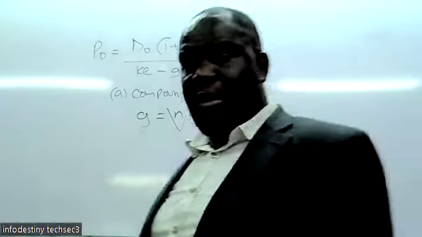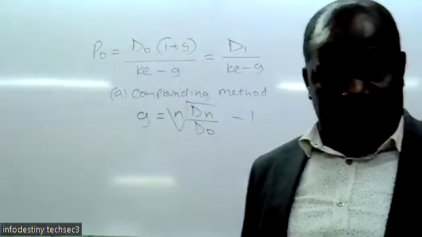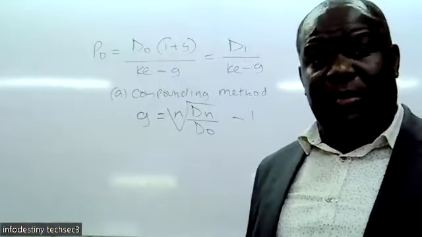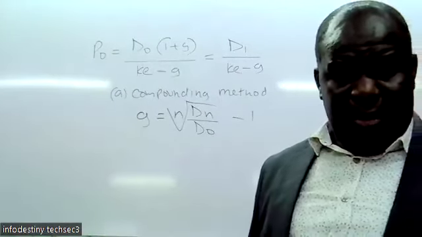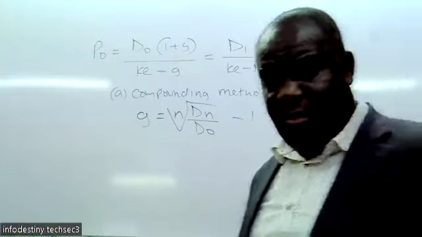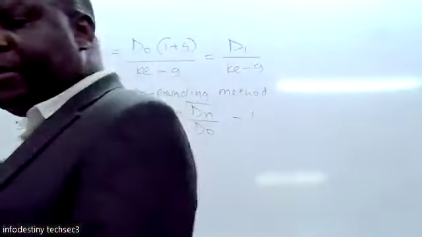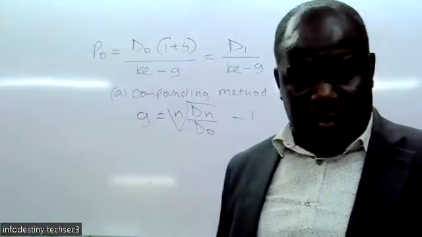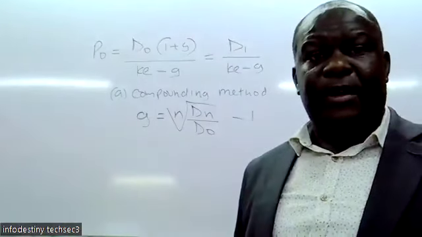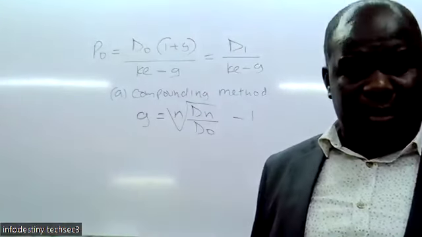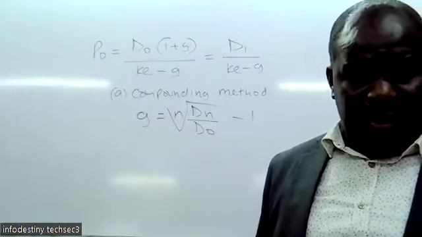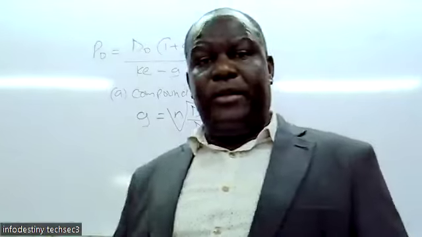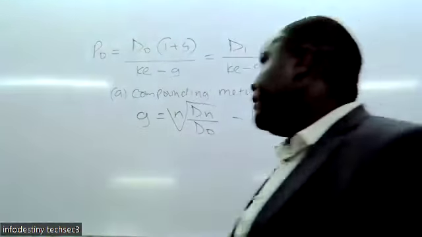For the retention ratio method, you summarize that under this method, the constant growth rate will be calculated as follows.